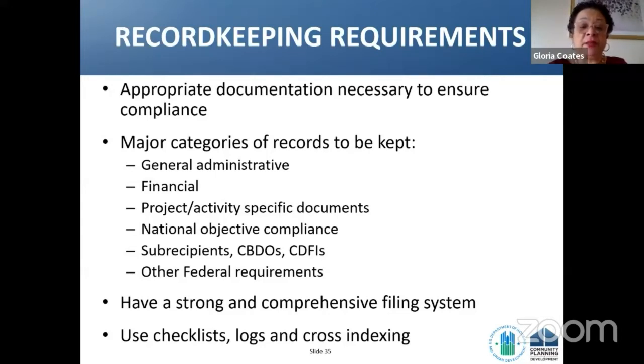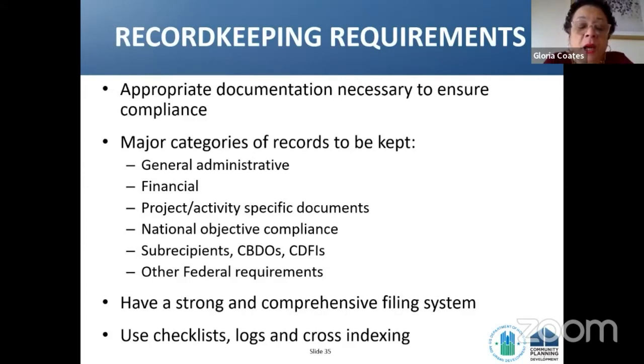These are the type of records that have to be kept. And as you know, the more the better, but they have to be strong and comprehensive. I've seen receipts from Home Depot. Now that's another whole story with procurement.